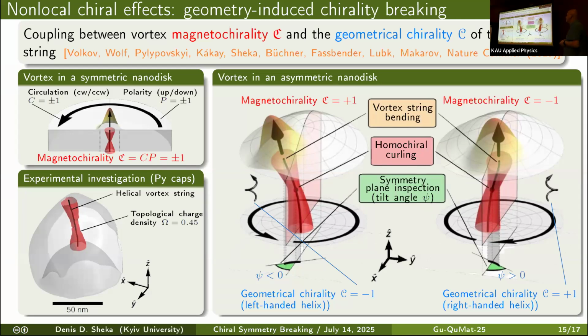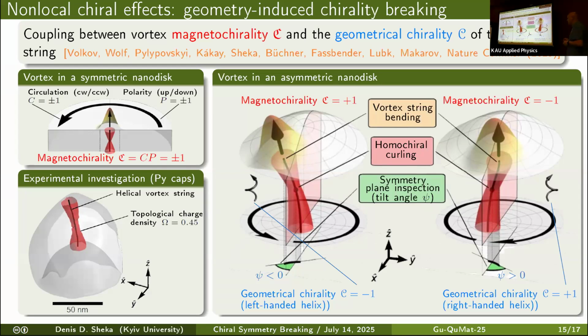Recently, we have studied non-local chiral effects both theoretically and experimentally in a system with an asymmetric nanovortex cap. The effect leads to the coupling between the magnetic chirality of the texture and the geometrical chirality of the vortex string.